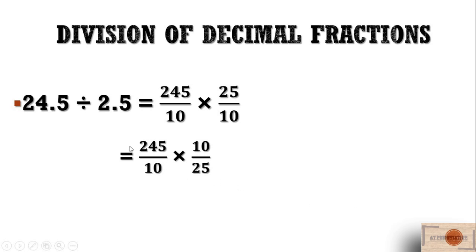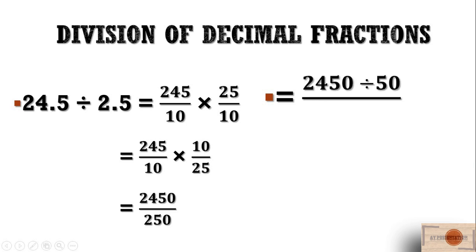Then 245 multiplied by 10 is 2450, and 10 multiplied by 25 is 250. Now take a number which divides both numbers completely.